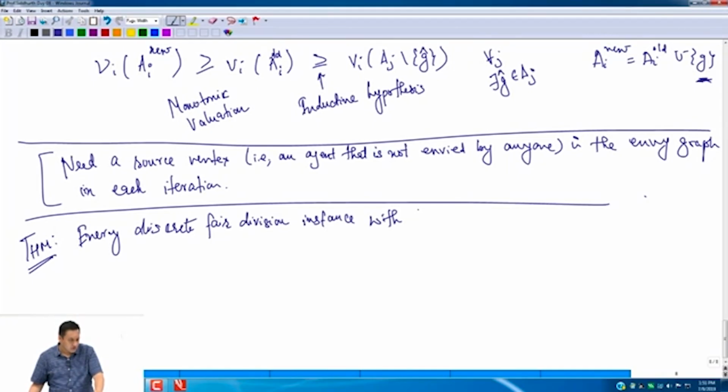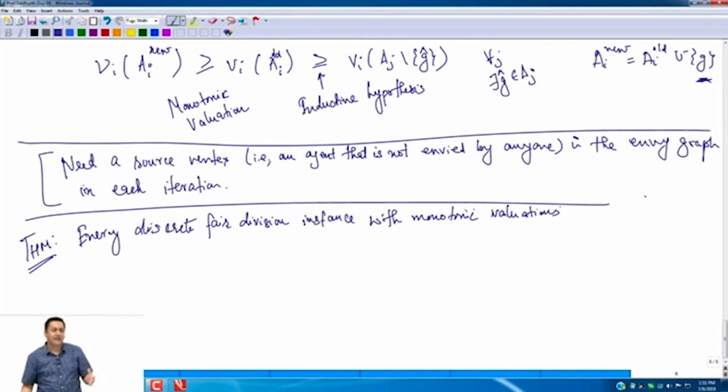There are negative results. But for this EF1, this is a spectacularly general result that holds. All you need are monotonic valuations.